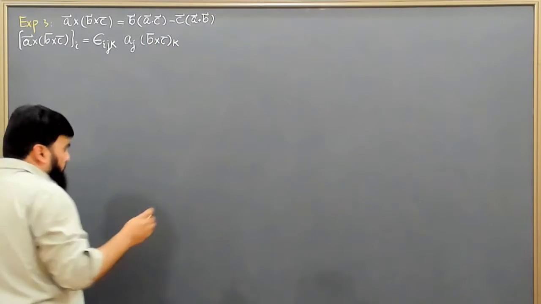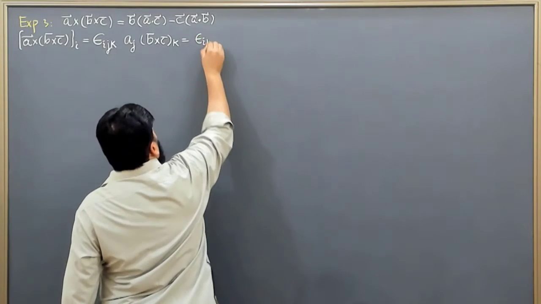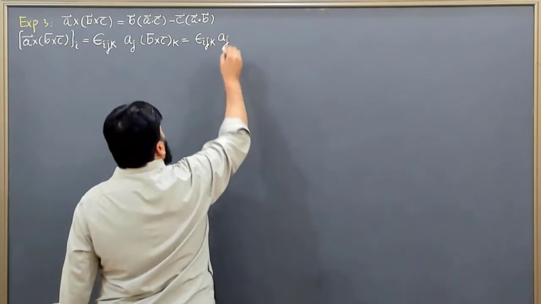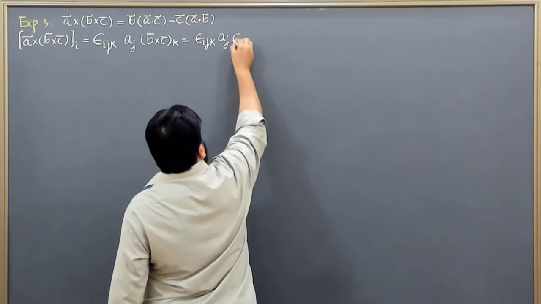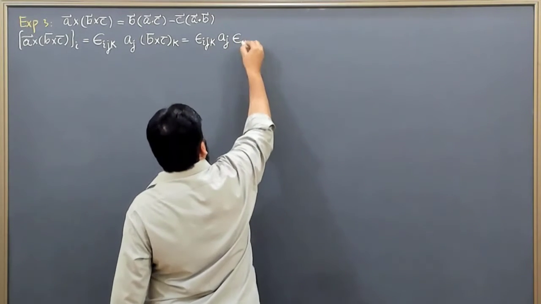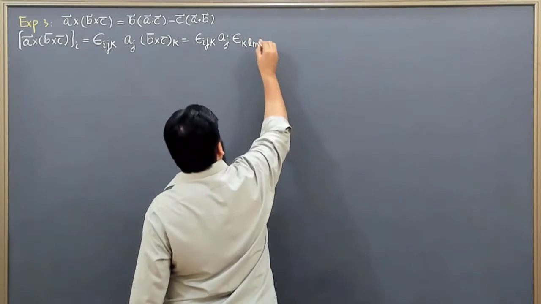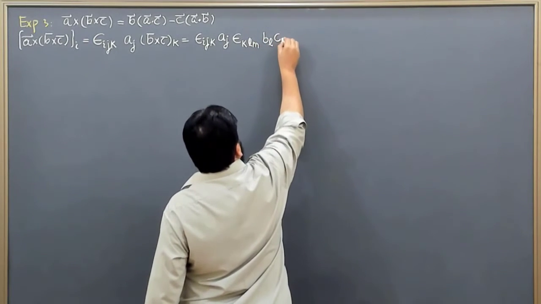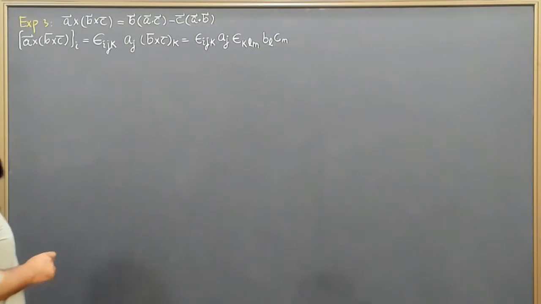And I know that this can further be expanded: epsilon ijk, and this is A_j, while this one is the kth component, so I can write epsilon k, while the other indices will be different. Let's say they are l and m, and then B_l, C_m.